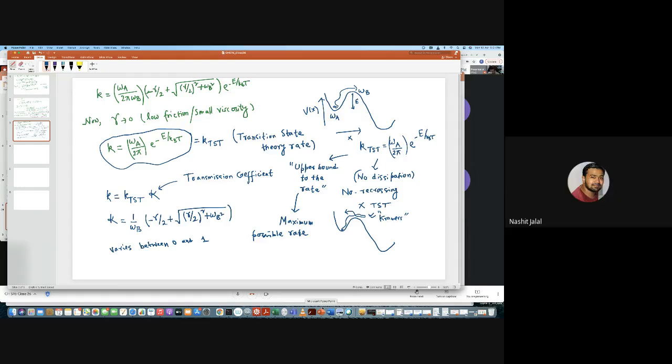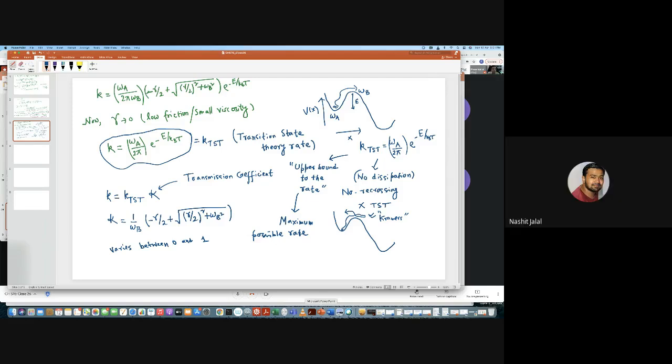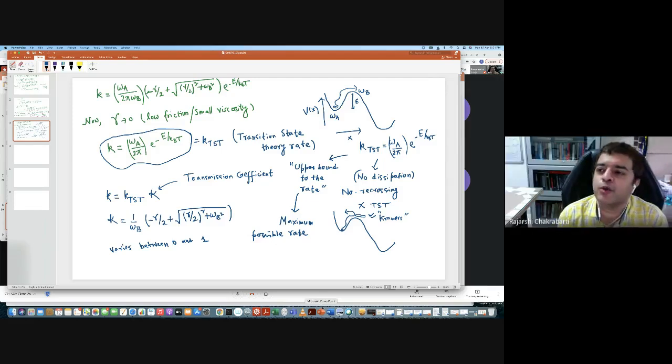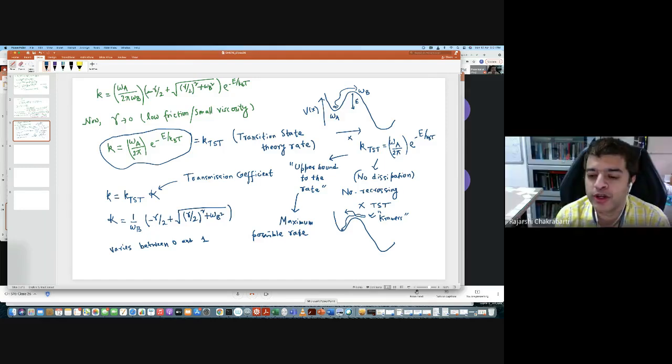When the reaction goes back up the hill, k should be negative, so how does this happen? No, k cannot be negative. How will it go backward? k is an average: flux over population.